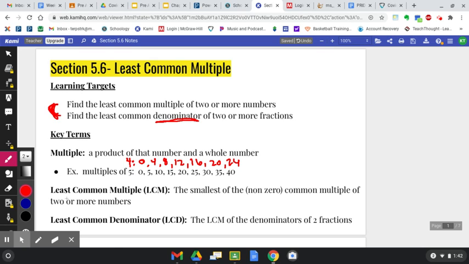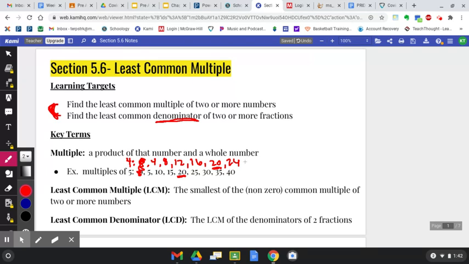When we talk about the least common multiple, it's the smallest non-zero, right? So we take 0 out of the equation, right? And if I'm looking at the least common multiple for 4 and 5, I'm finding when do they have the same value, right? And I can see here 20 would be the least common multiple, right?